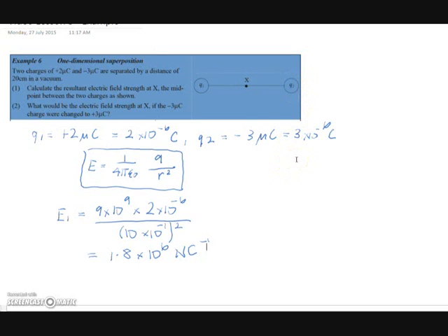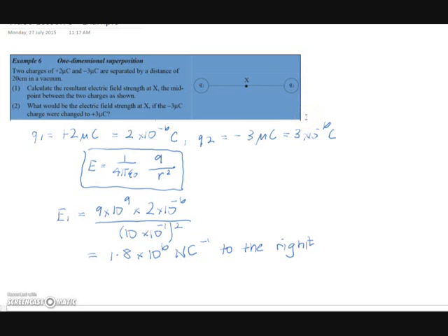So let's just say to the right. We're imagining that we're a positive test charge. This charge here was positive, so our field lines are coming away from it. We're going in the same direction as the field lines, which means we're going away, and if we're going straight, it's going to go to the right. So we've got that one.